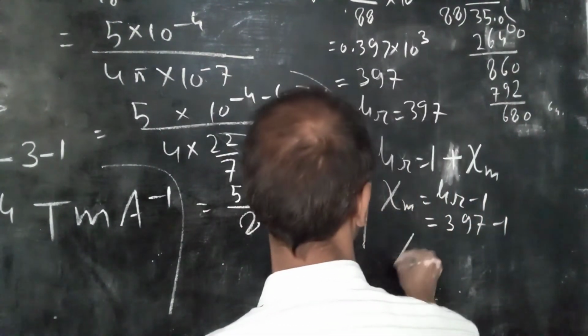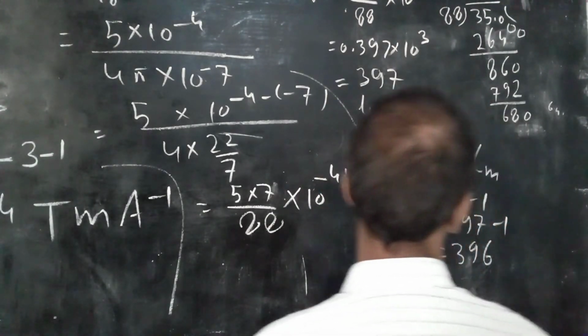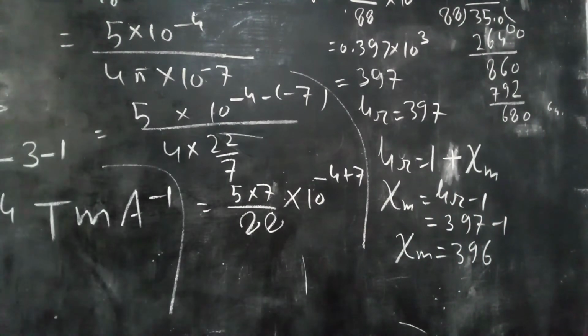So chi m is equal to 396. The magnetic susceptibility of the magnetic material is 396.